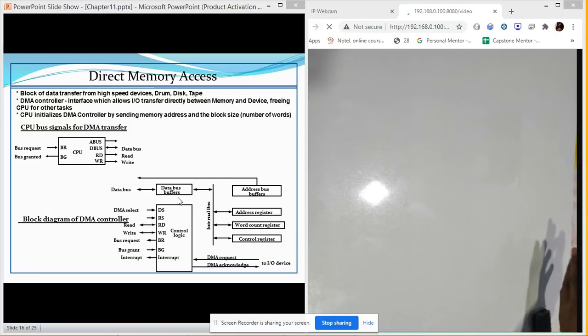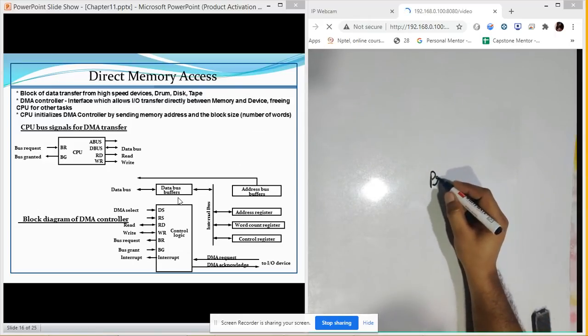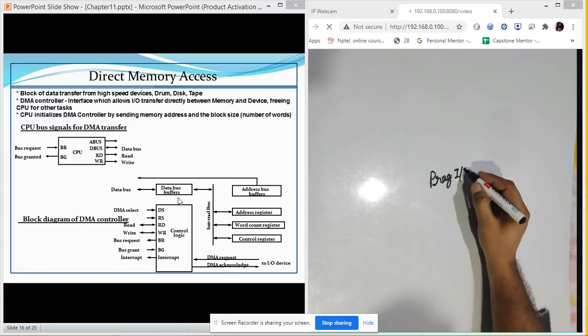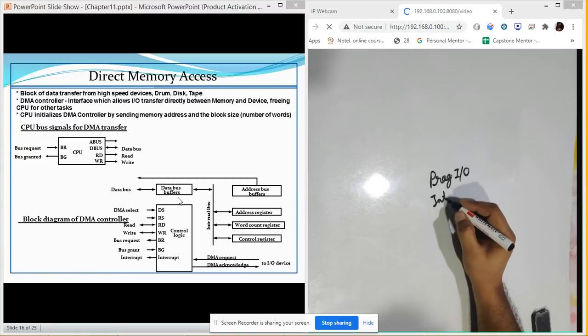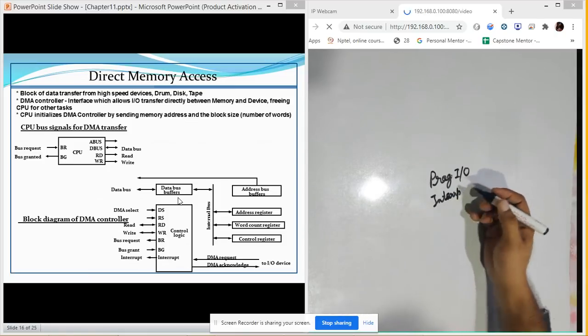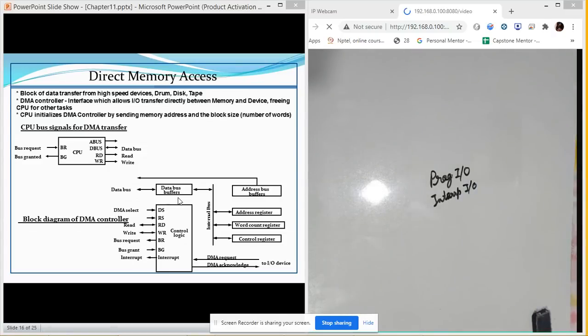Earlier, in the other approaches which we have used till now, which were programmed input output and interrupt initiated input output, in both of them the CPU was busy in one way or another.